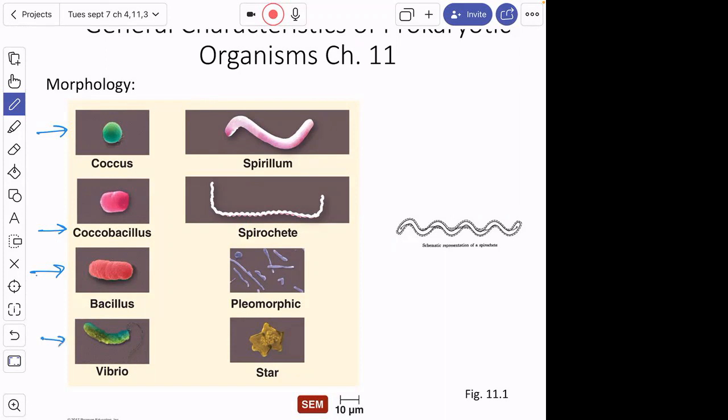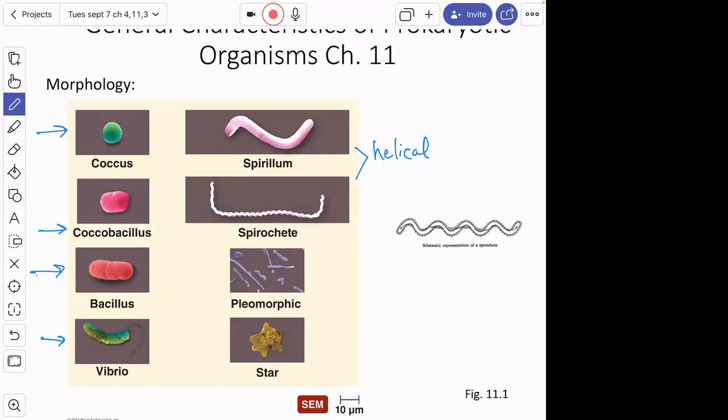The causative agent of cholera is a Vibrio. There are helical-shaped organisms, the spirillum and the spirochetes. Let me come back to those in a minute because those are not as easy to tell apart.